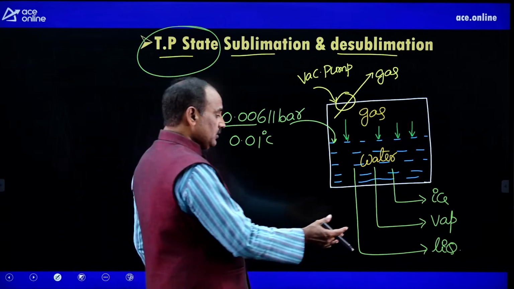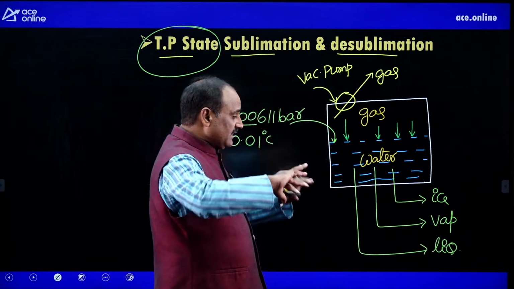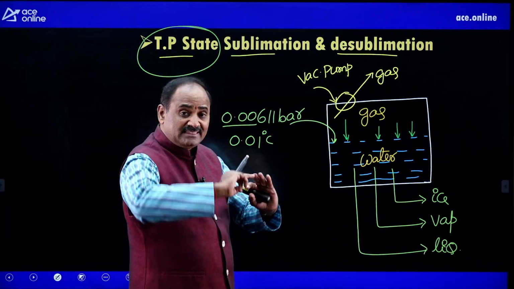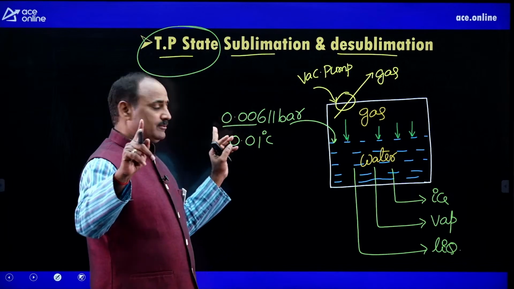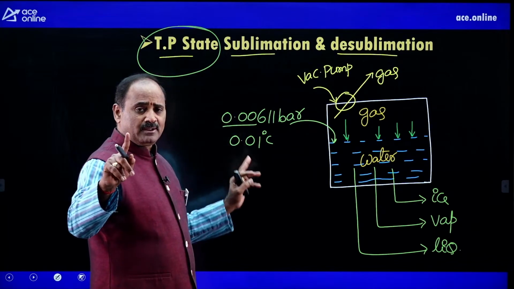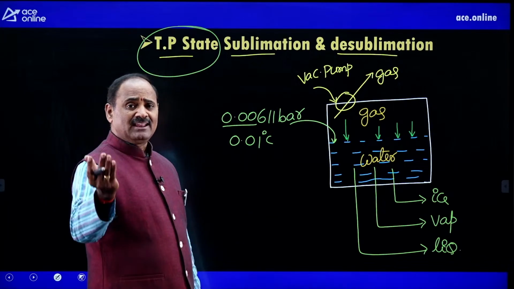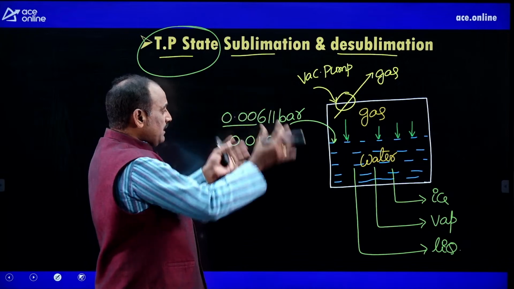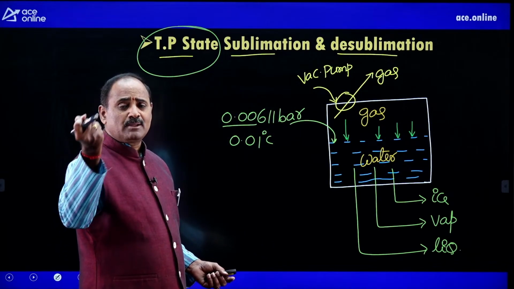Okay? Here, though solid state, vapor state and liquid state are existing, the three states of the same material are maintaining the same pressure, mechanical equilibrium, the same temperature, thermal equilibrium, and no chemical reaction between the three states of the material, chemical equilibrium. Therefore, at the triple point state, the three phases are maintaining same temperature, same pressure, no chemical reaction.